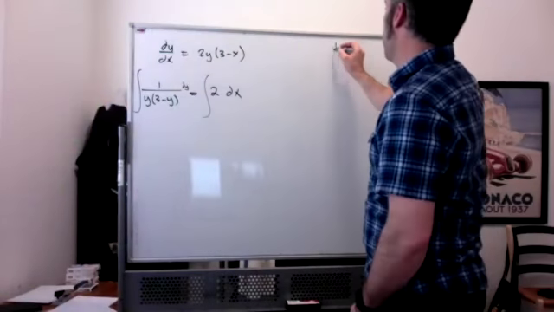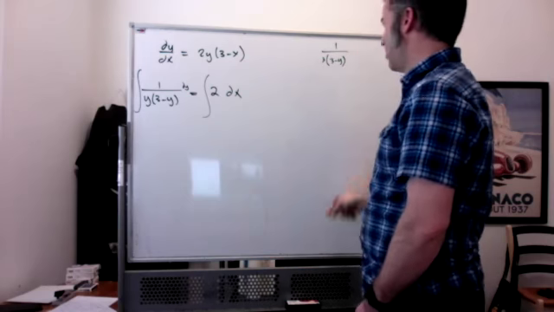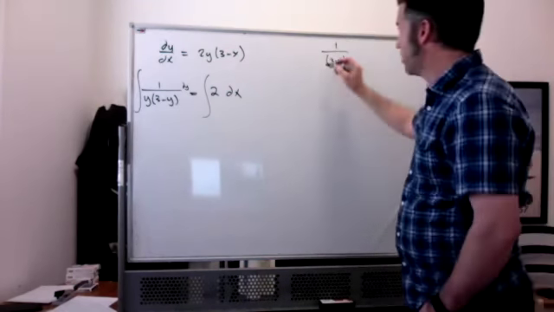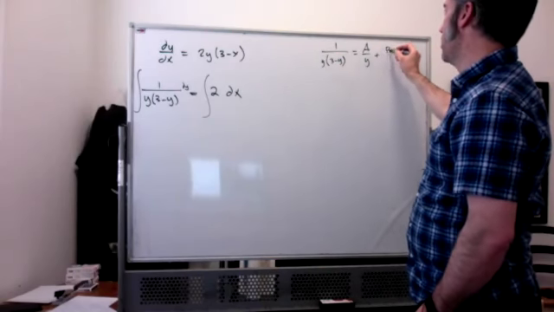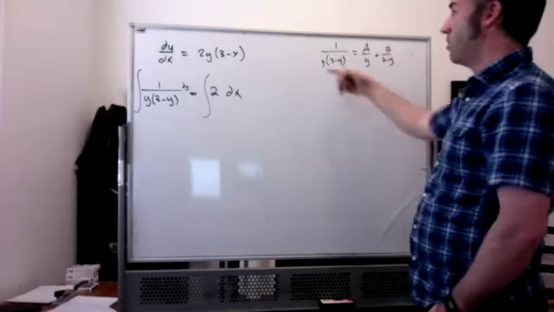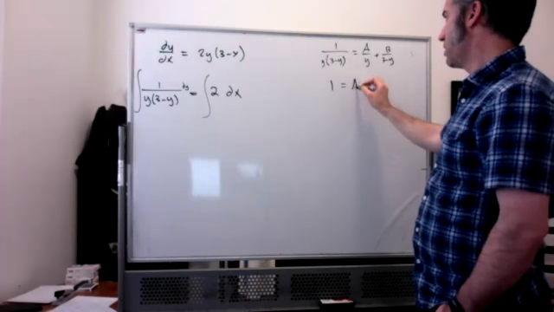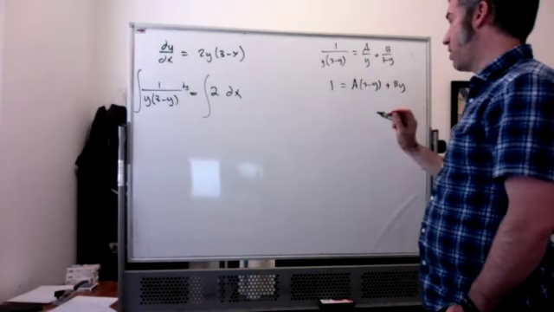So 1 over y times (3 minus y) equals a over y plus b over (3 minus y). Multiply both sides with the common denominator. You get 1 on the left. You get a times (3 minus y) plus b times y on the right.